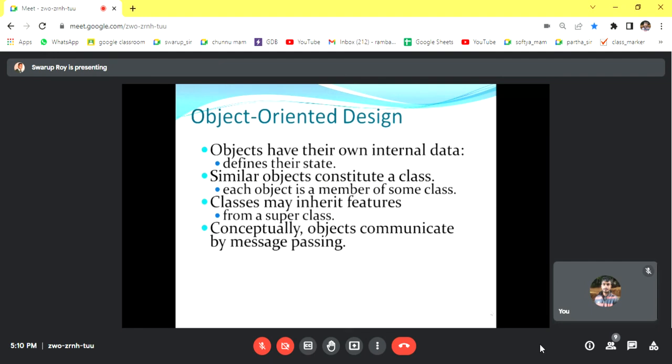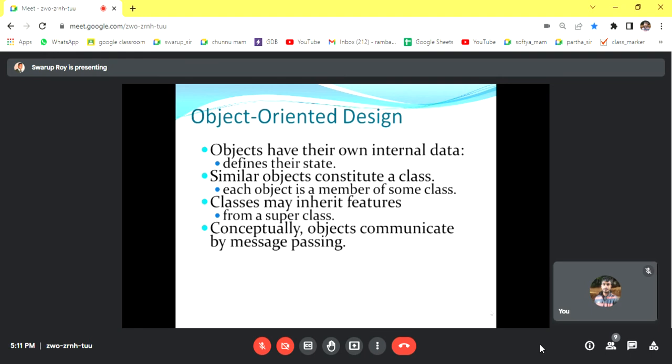State diagram is also one diagram in the object modeling technique: state transition diagram or state diagram. So one is the class or object diagram, one is the state transition diagram, and another is the functional diagram. These are the three things in the object modeling technique. Since you have not studied these things, I'm avoiding them.